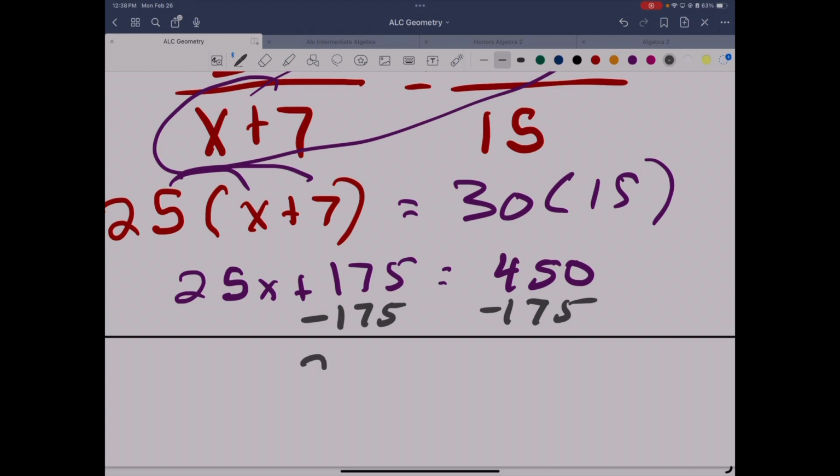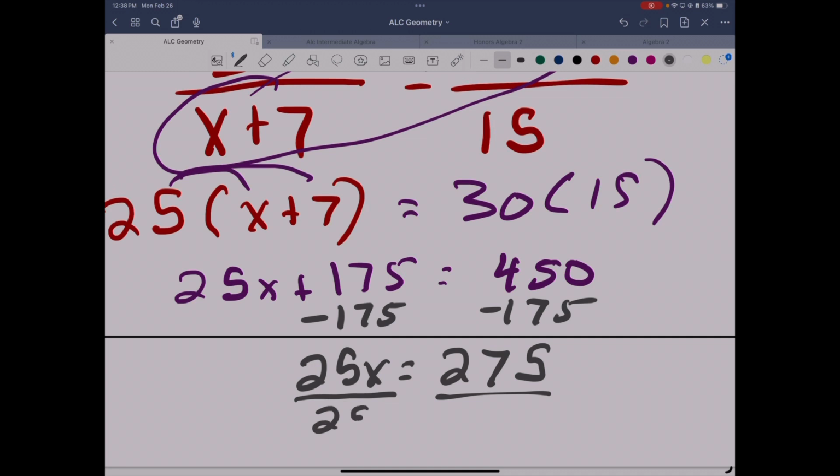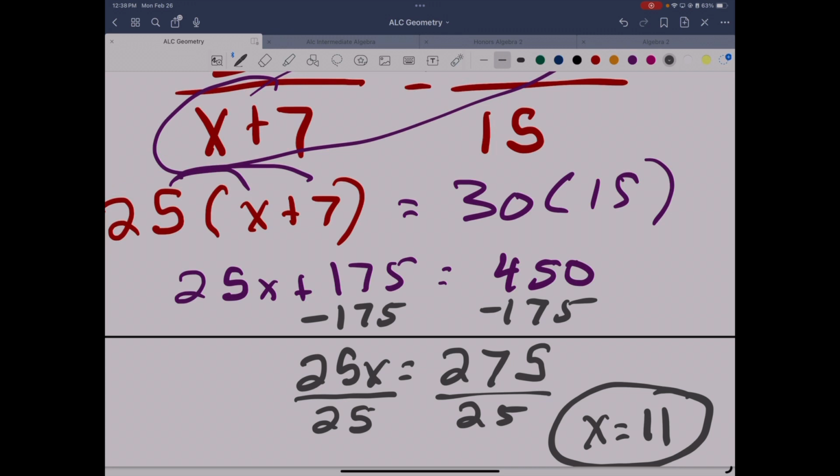That leaves me with 25x equals 450 minus 175, which is 275. Divide both sides by 25. How many quarters are in $2.75? 11, I think. Yep. So x is equal to 11. And you're done.